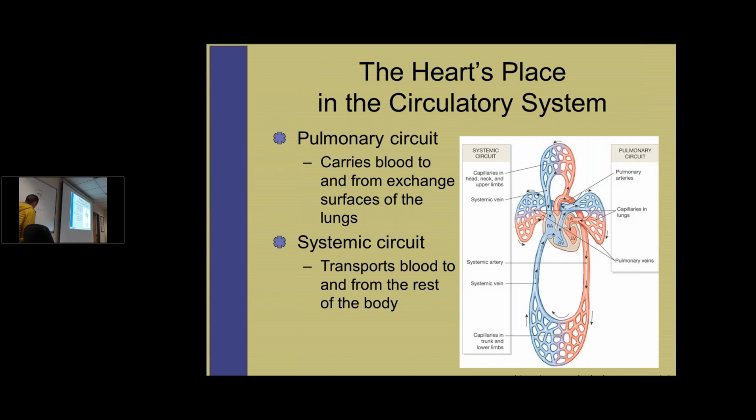So there's your process. But everything from the body going back to the heart is through what? What kind of vessel? A vein, right? Everything from the heart to the body is an artery.